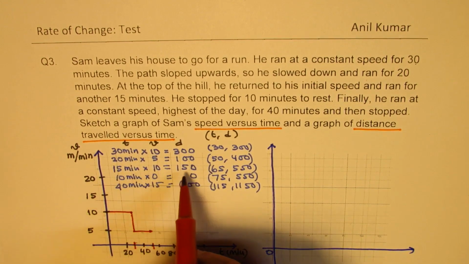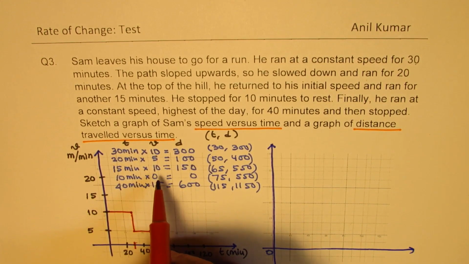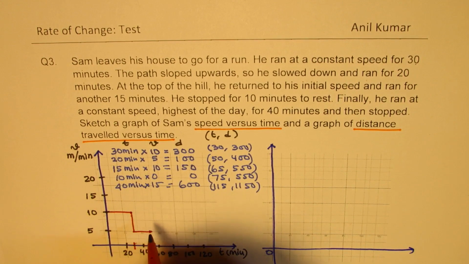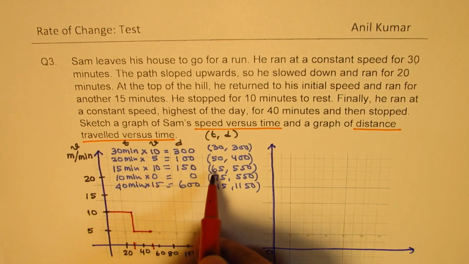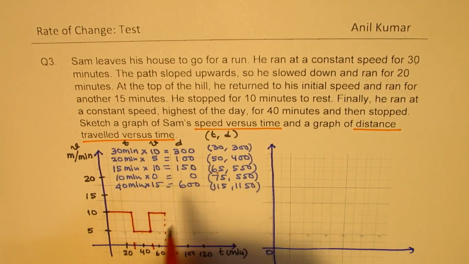Next 15 minutes, 150 is the distance covered, but for 15 minutes we are traveling at the speed of 10, back to 10. Okay, so back to 10 for 15 minutes, which will take you to 65. So 65 is here, so we'll go up and back to 10, so that is at 65.